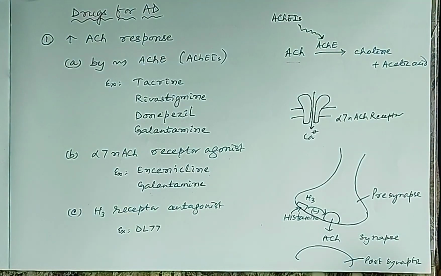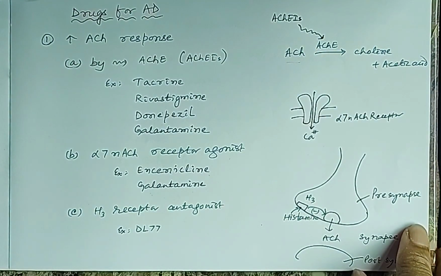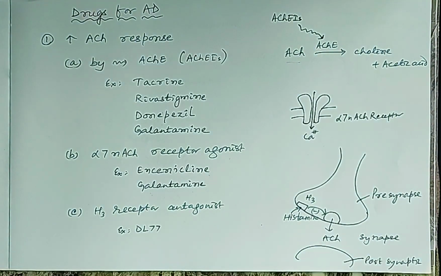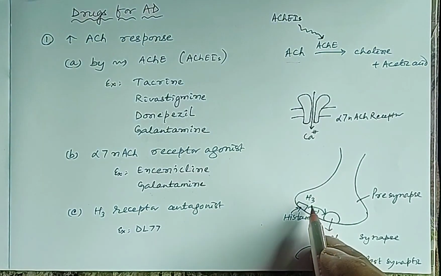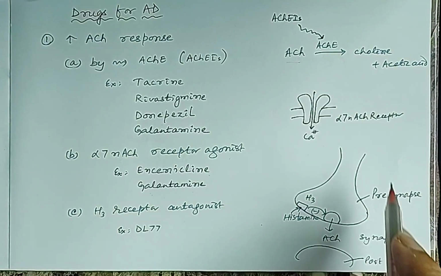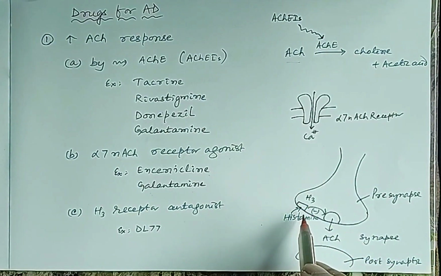Another group of drugs which are now under trial is the H3 receptor antagonist. H3 is histamine 3 receptor, which is located presynaptically in the cholinergic nerve endings, and when histamine binds to H3 receptor it inhibits the release of acetylcholine. So it is a heteroreceptor located on presynaptic cholinergic neurons.